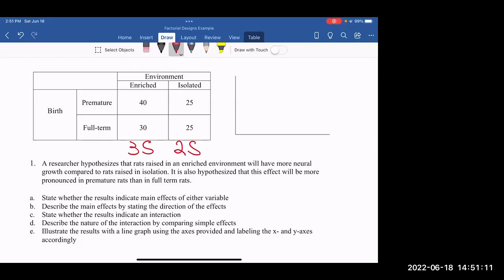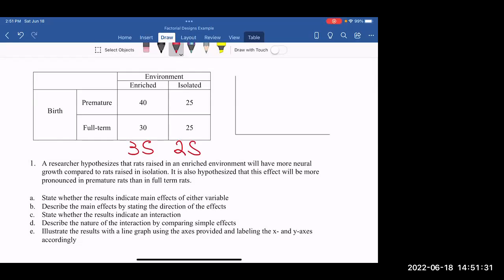Okay, so for the first question, we know that we have a significant main effect of environment. And now for part B, we need to state what that main effect is by looking at the direction.